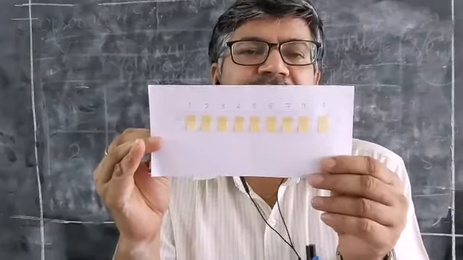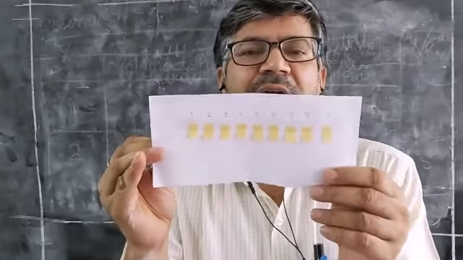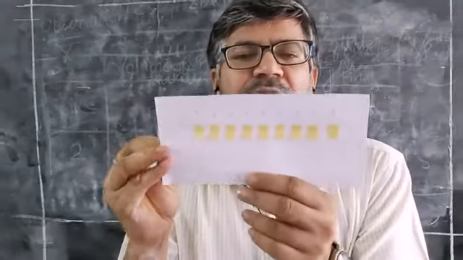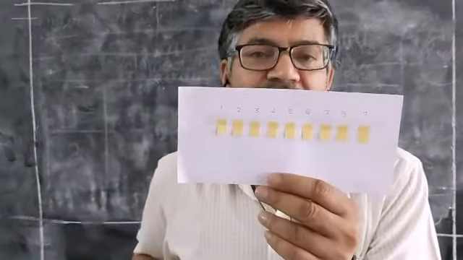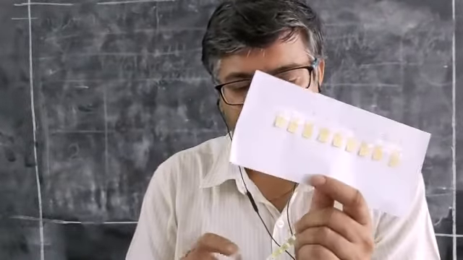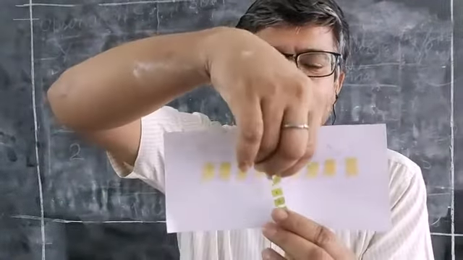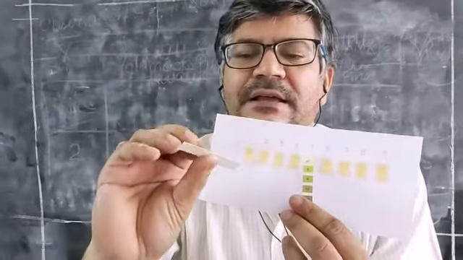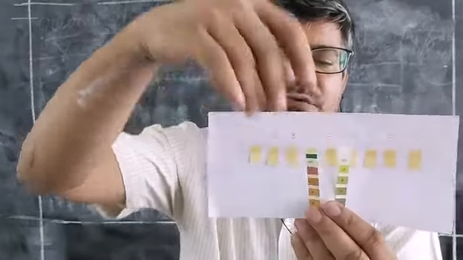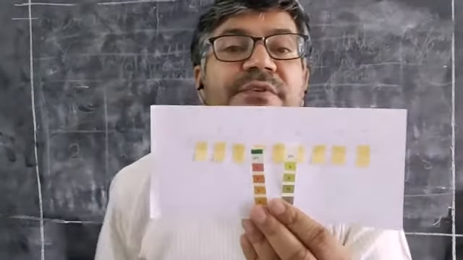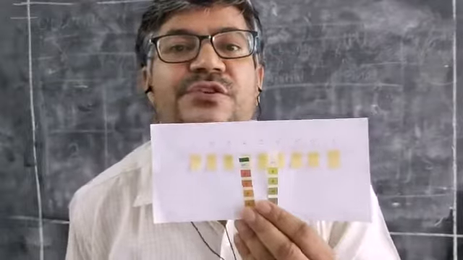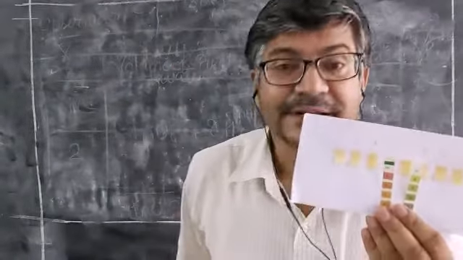Actually, they are just paper slips having chemical universal pH indicator, which is going to give color according to this scale. I have these two strips on which there are different colors indicating the pH of the solution under test.